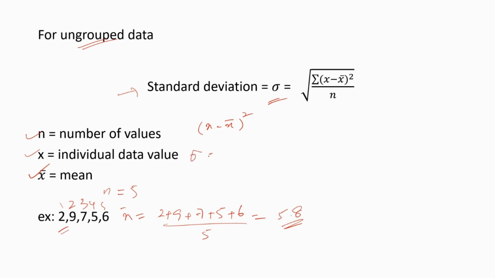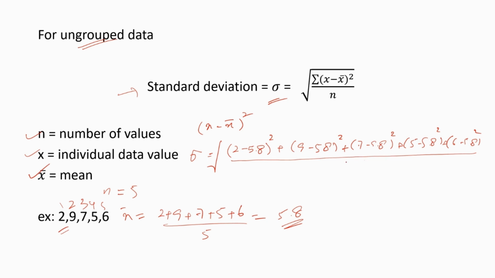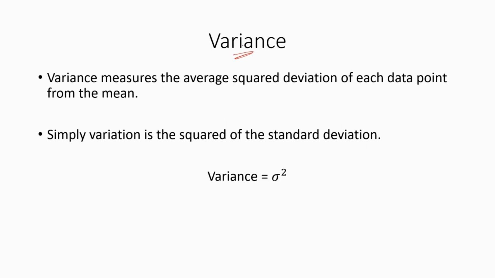So standard deviation is equal to the square root of (2 minus 5.8) squared plus (9 minus 5.8) squared plus (7 minus 5.8) squared plus (5 minus 5.8) squared plus (6 minus 5.8) squared, divided by n, which is 5, and then the square root of all these values. So sigma is equal to 2.315.